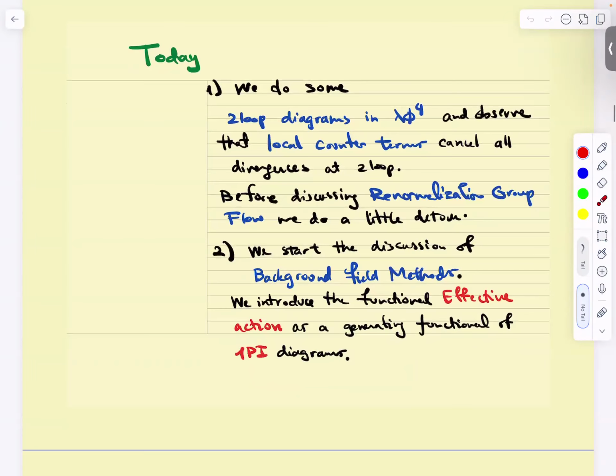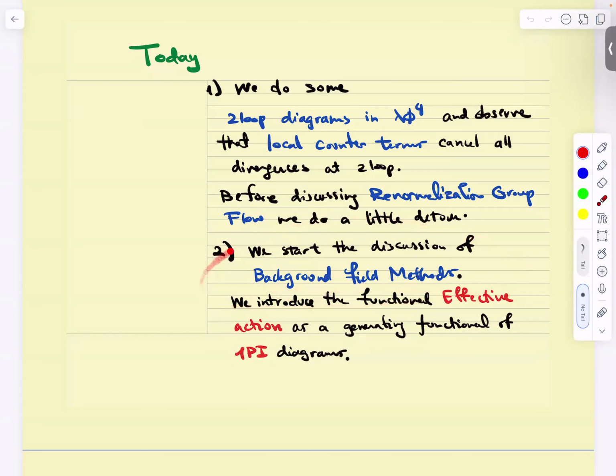Now, before getting to renormalization group, we're going to spend this week talking about something that's called the background field methods. And the goal is, this is like a mini version of renormalization. It's not a mini version, it's like a specialized version of renormalization. And then we're going to go through this before jumping into full renormalization group, non-perturbative. All right, so what is the story?